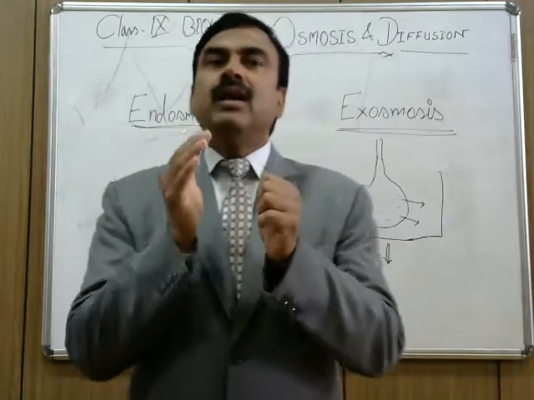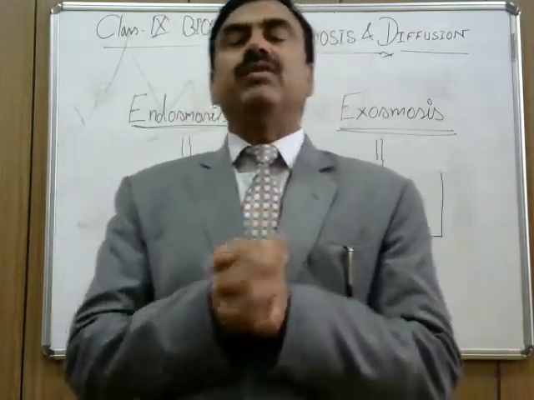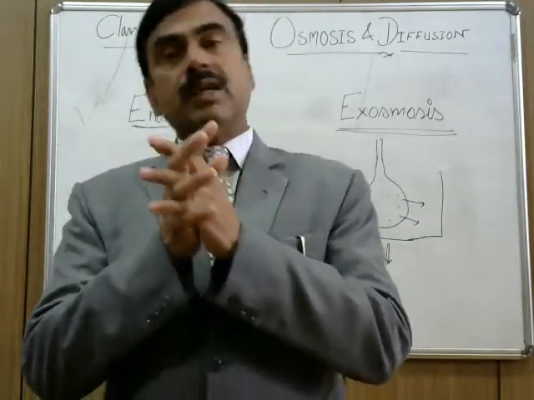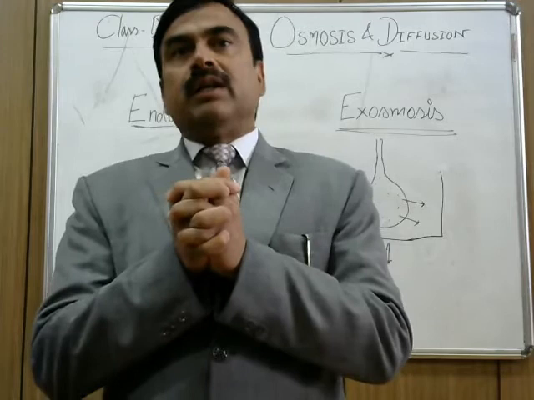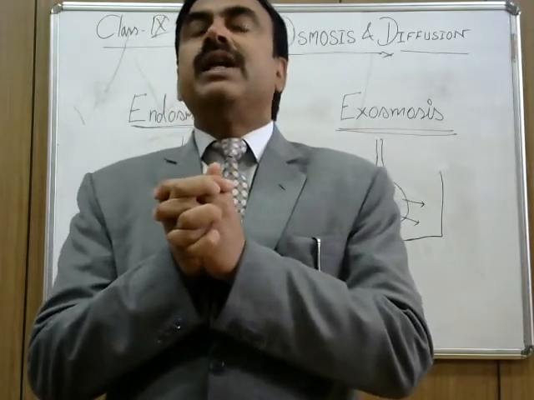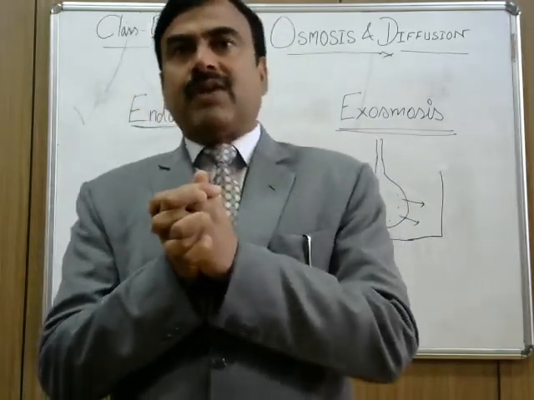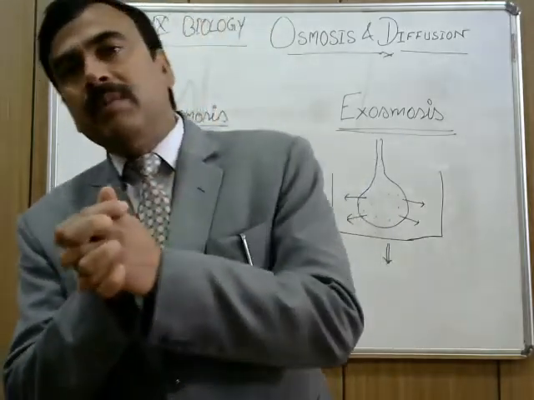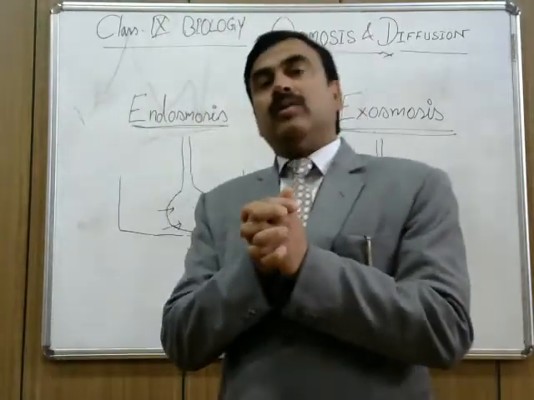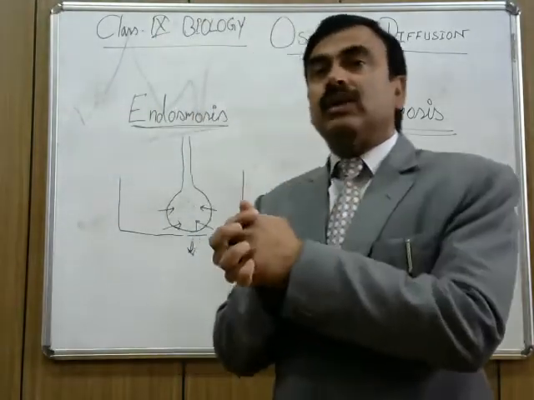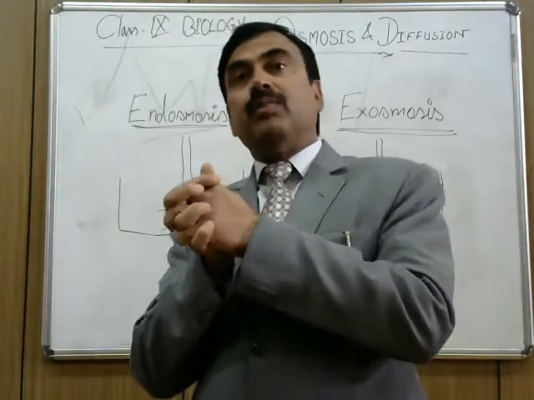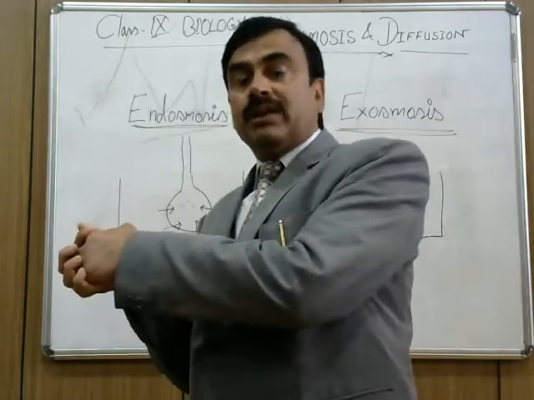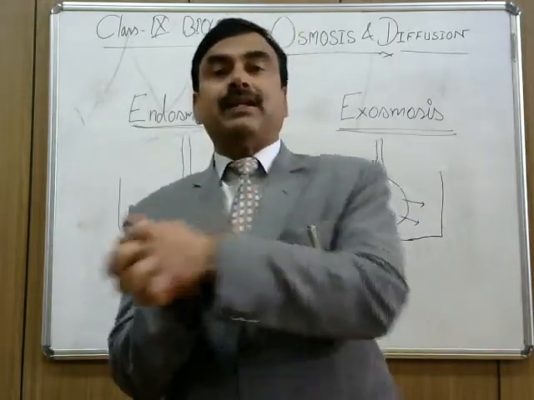Now, definition of osmosis. Very first, what is osmosis and what is diffusion? Osmosis is a process in which the movement of molecules takes place from dilute to concentrated solution through the semi-permeable membrane. Now, diffusion is also a process of moving particles from their higher region to their lower region without a membrane, that is diffusion.